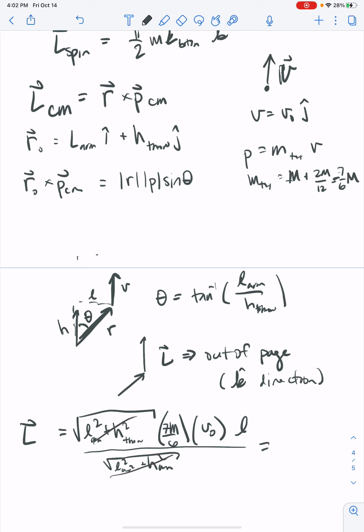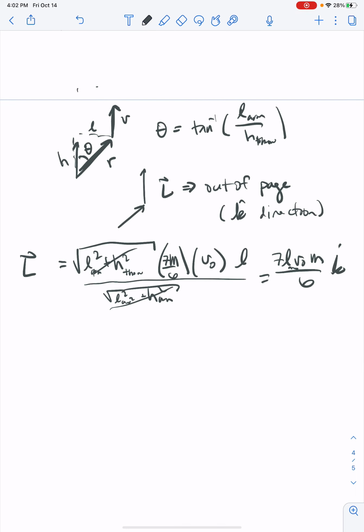So we've just got 7/6 L V naught M. That's our center of mass one.